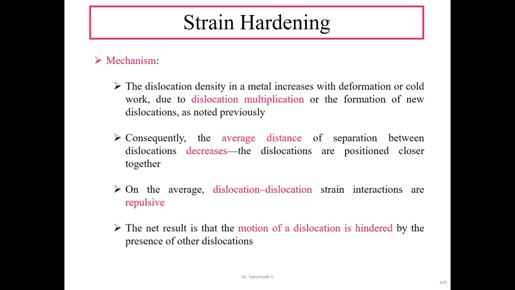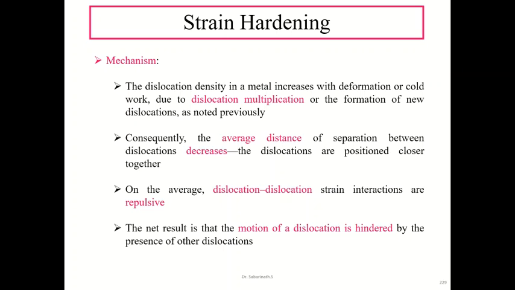Consequently, the average distance of separation between dislocations decreases, such that these dislocations are positioned closer together. On average, dislocation strain interactions are repulsive, and the net result is that the motion of a dislocation is hindered by the presence of other dislocations.